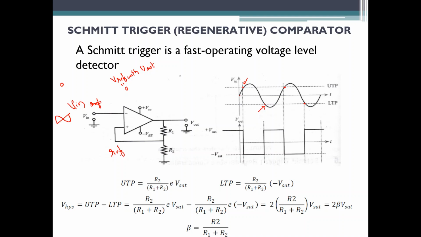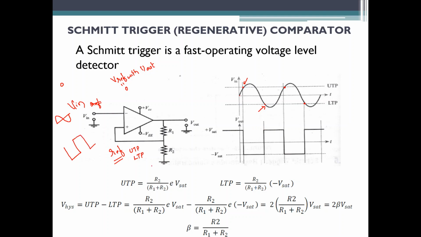This reference voltage is basically set by the output using the voltage divider network. In the reference voltage, you have set the upper triggering point and lower triggering point. Once the input voltage crosses the upper triggering point, your output will become negative. And it will remain negative until your input crosses the lower triggering point. Once it crosses the lower triggering point, it will become positive. And this phenomenon is going to repeat.